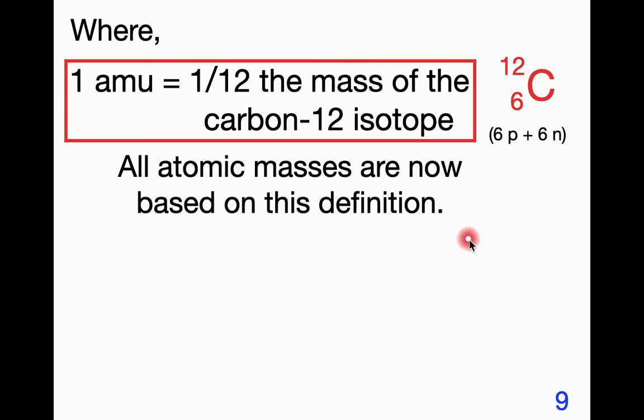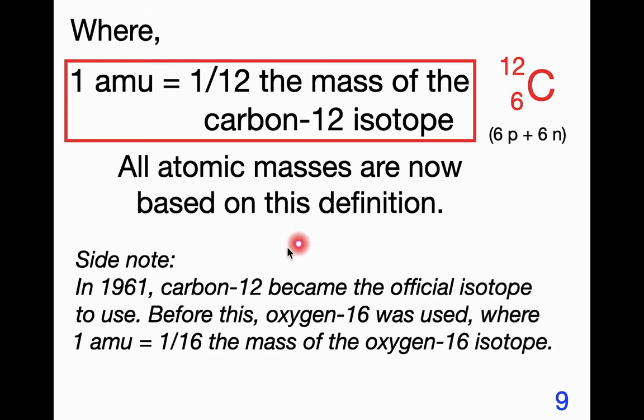Okay. All atomic masses are now based on this definition. Little side note here, you don't need to copy it down, but it's kind of interesting. In 1961, carbon-12 became the official isotope to use. Before this, oxygen-16 was used, where 1 AMU is equal to 1/16 the mass of the oxygen-16 isotope.